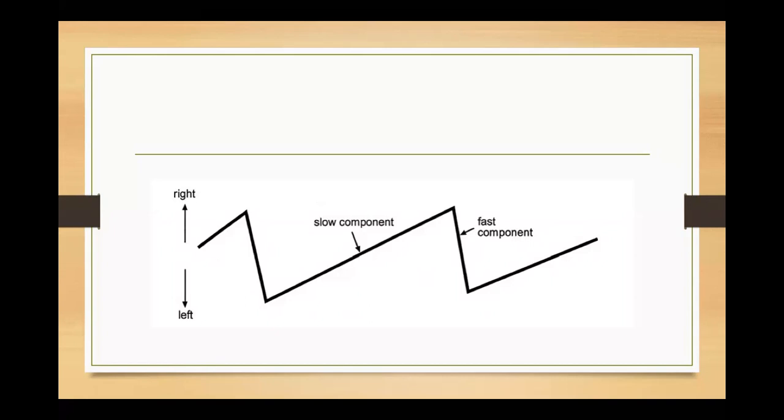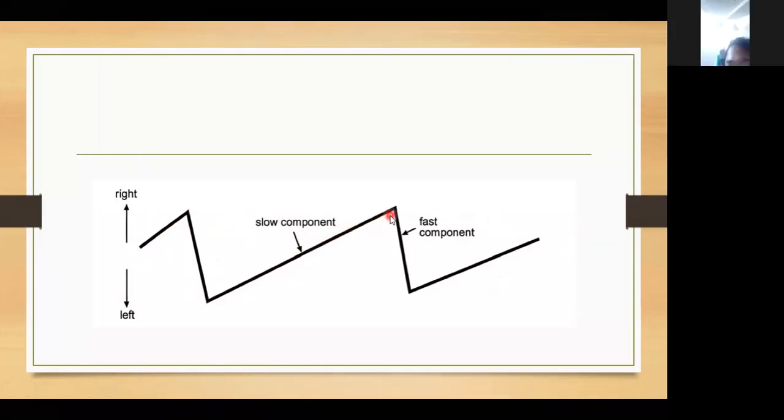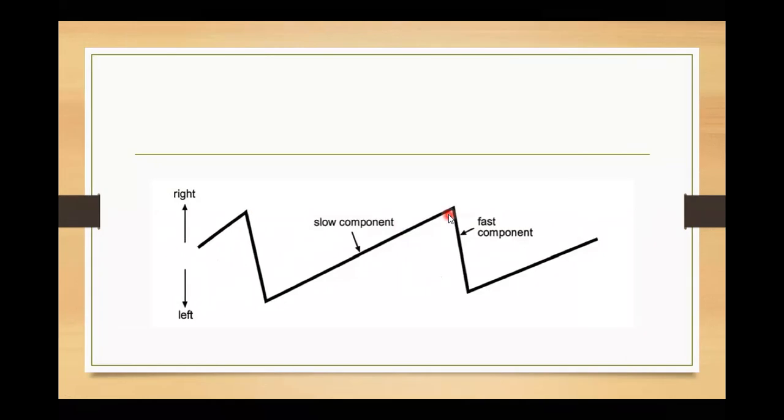Let's see in this example. In this example, the slow response is towards your right side. You see that? It's slowly going up. And then what happens? It suddenly comes towards the left side.